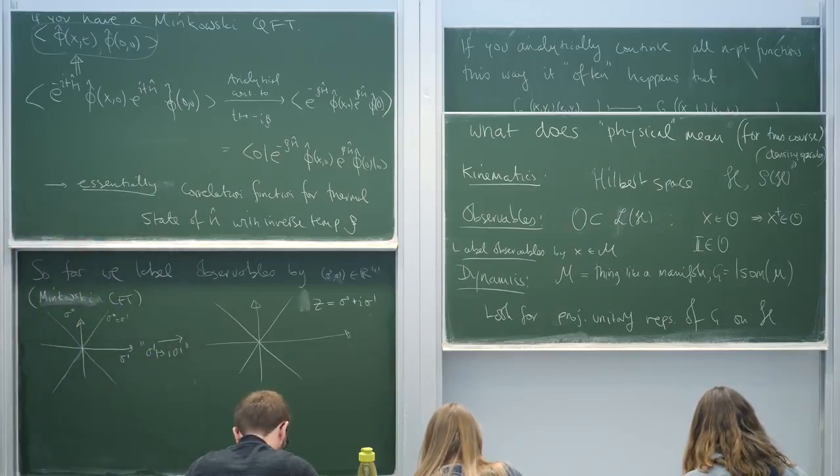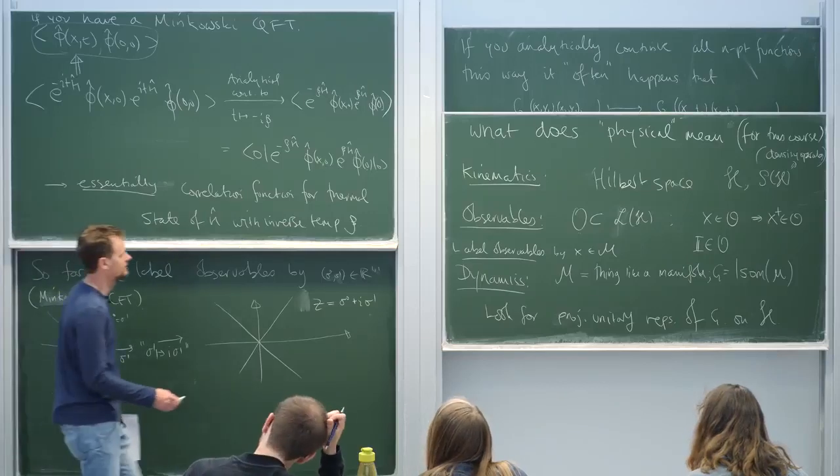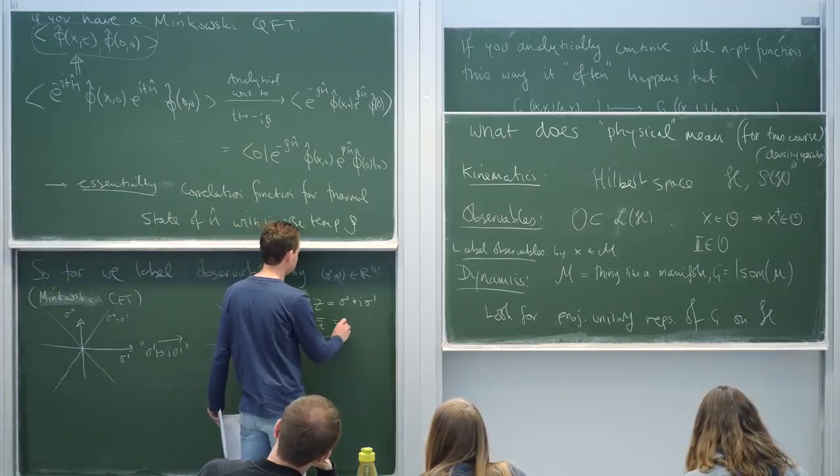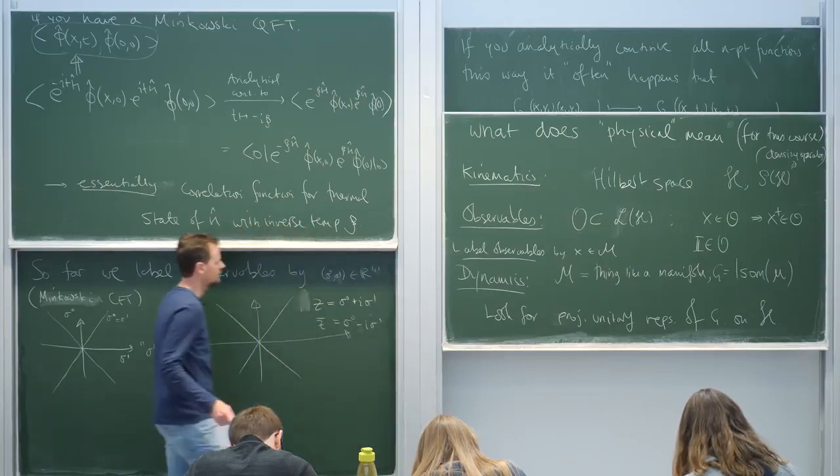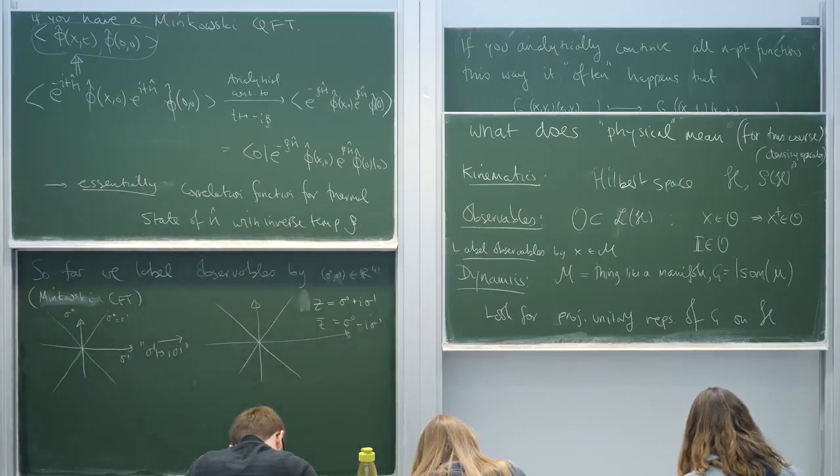And we're going to label all our correlation functions and observables instead of using sigma naught and sigma 1 by z and z bar.